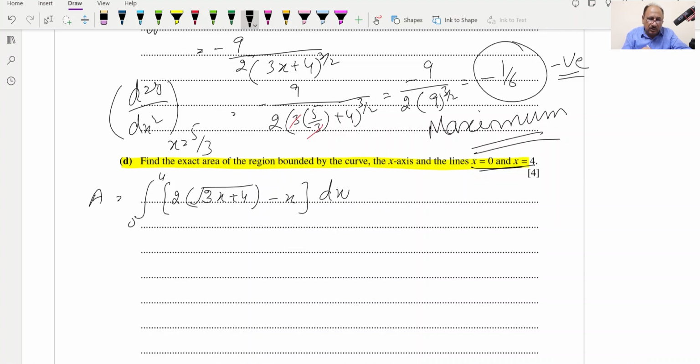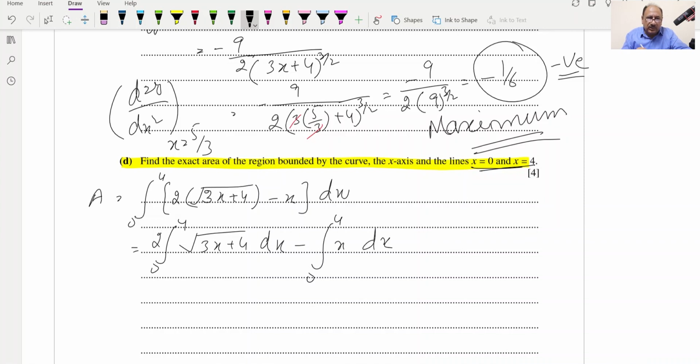We have to take the integral of this. We can take separate integrals, so 2 outside, integral of the square root of 3x plus 4 dx minus integral 0 to 4 of x dx.